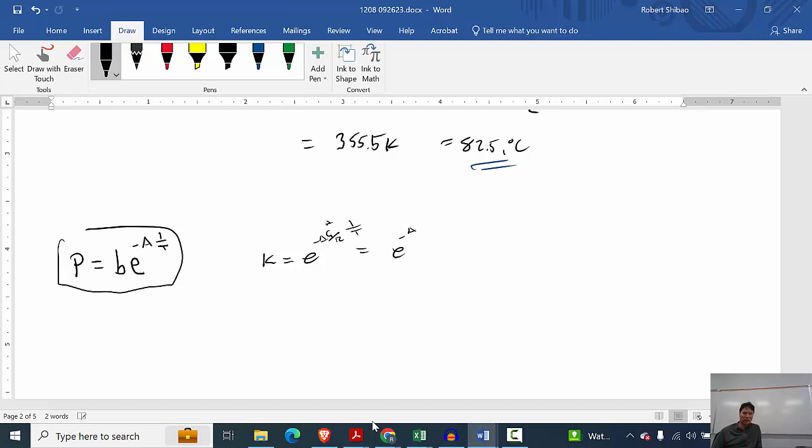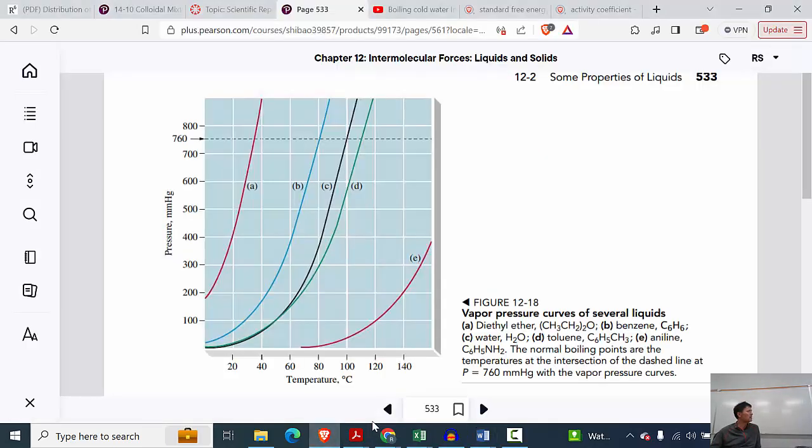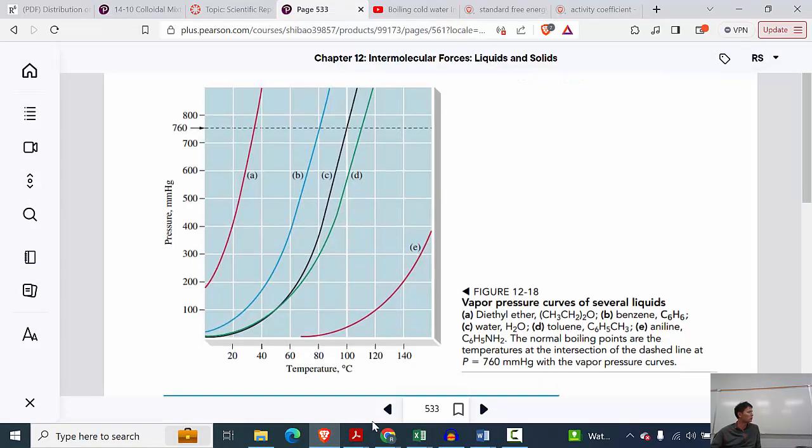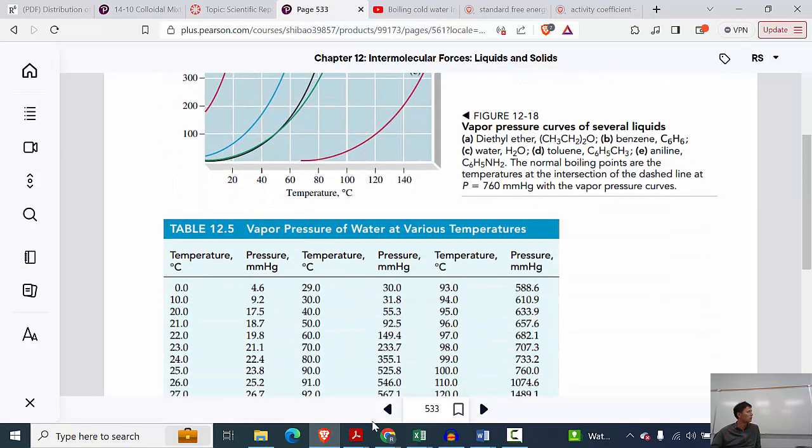We make this e to the minus delta H minus T delta S over R, 1 over T. So it has the same form. And so to make a long story short, basically this is our delta G calculation here in K, where K is just the pressure of the gas.